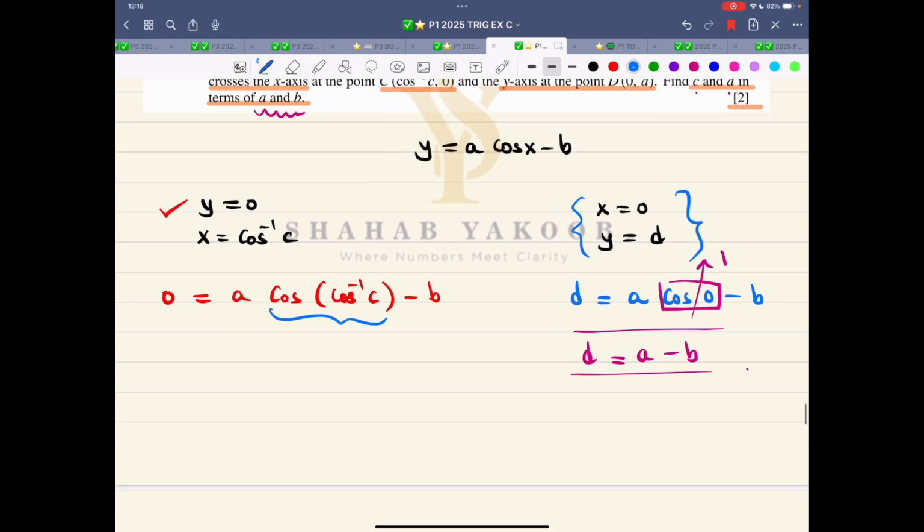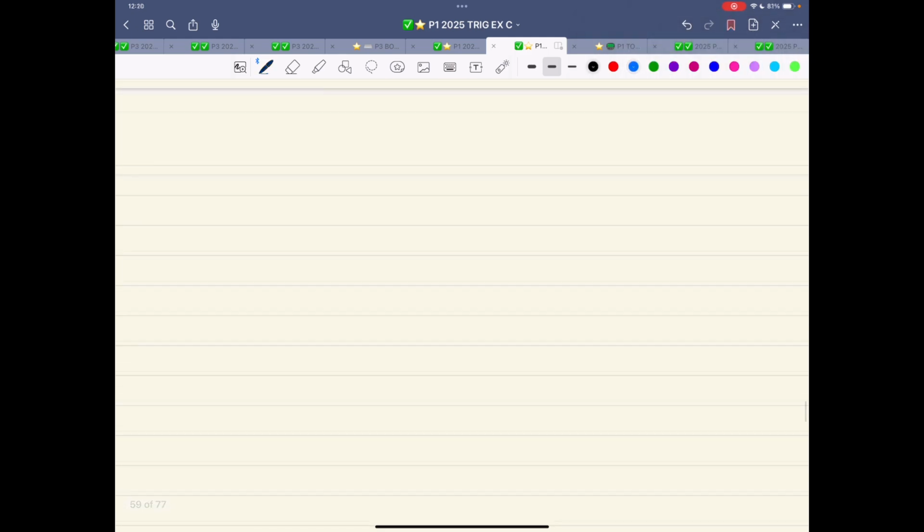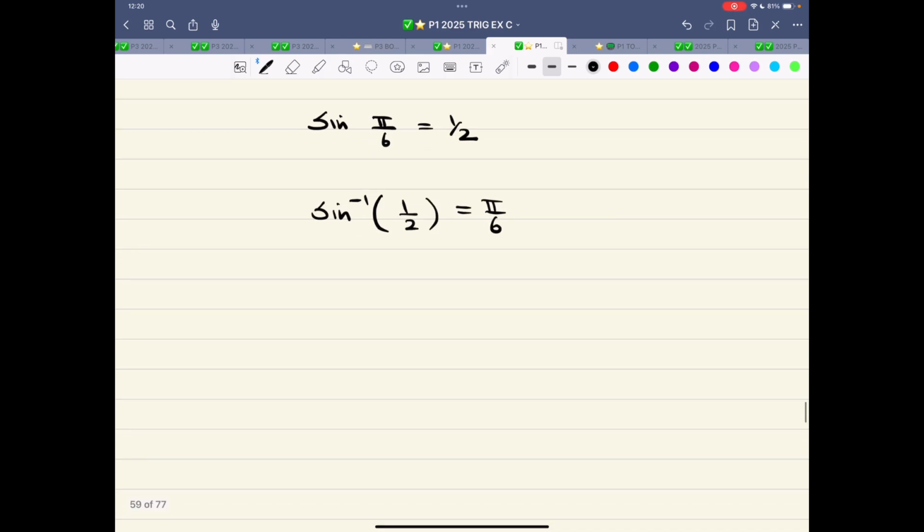Now this has something to do with functions. Let's take a very simple example. Sine of pi by 6 is half, and if I do the inverse of half, I'll recover pi by 6. All good?